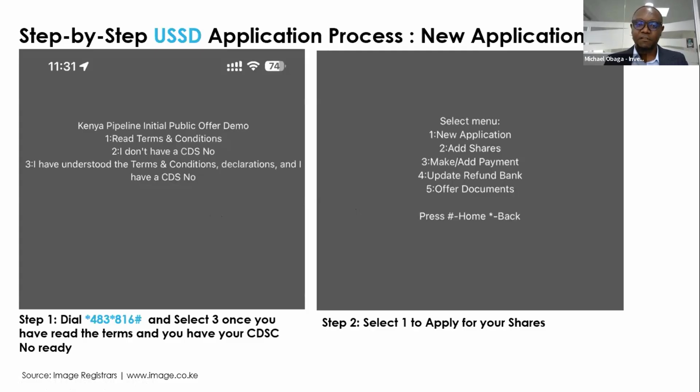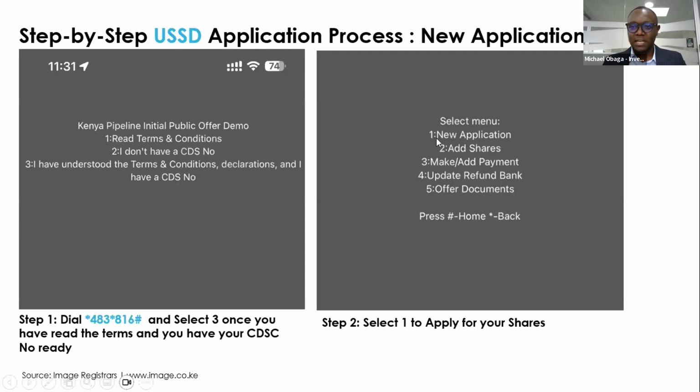But in case you are an individual, you've gone online, you followed the process my colleague Samuel Gishoy has just explained, you've opened the account within the same day, and now you have a CDS number, then you can proceed to the application by understanding the terms and conditions, and then moving in as a new applicant.